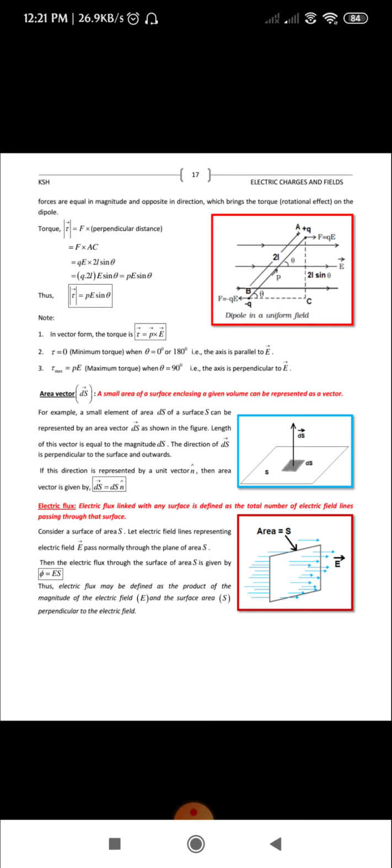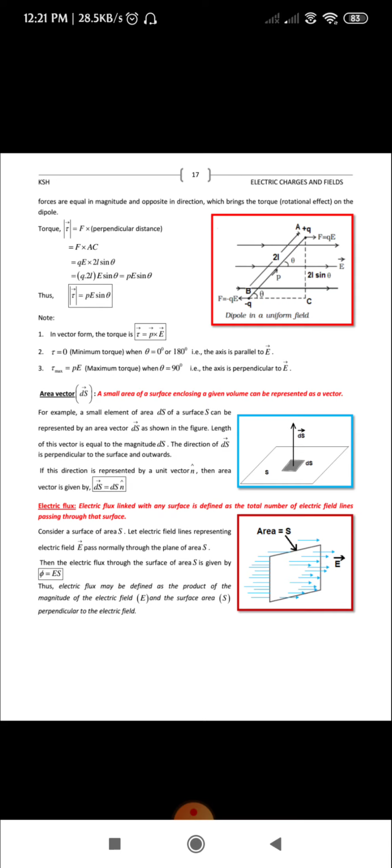So hence, due to this the electric dipole experiences a torque. Experiencing a torque is nothing but experiencing a rotational effect. Okay, so this electric dipole, due to the force experienced by both positive and negative charge, experiences a torque, that is nothing but rotational effect.